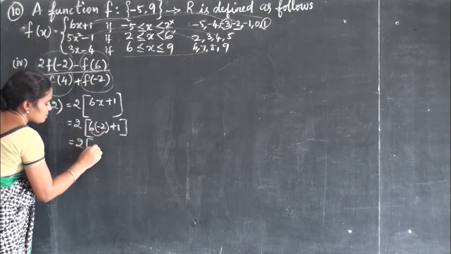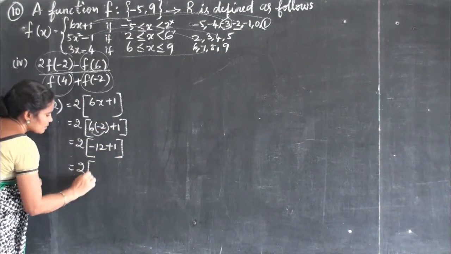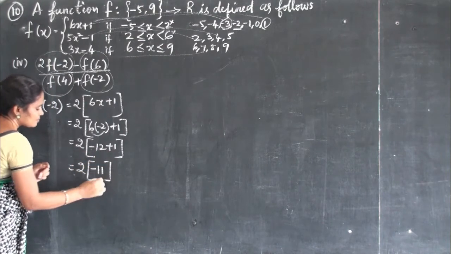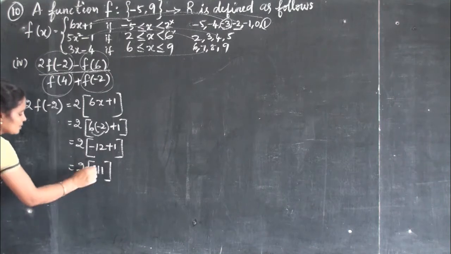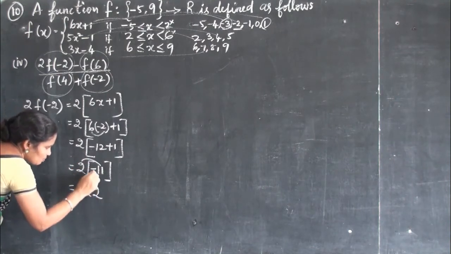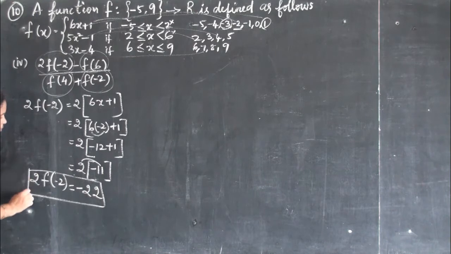Plus into minus, minus 12 plus 1. Minus 12 plus 1 is minus 11. Okay, multiply: 11 2s are 22. Plus into minus, minus. So 2 f of minus 2 is minus 22.